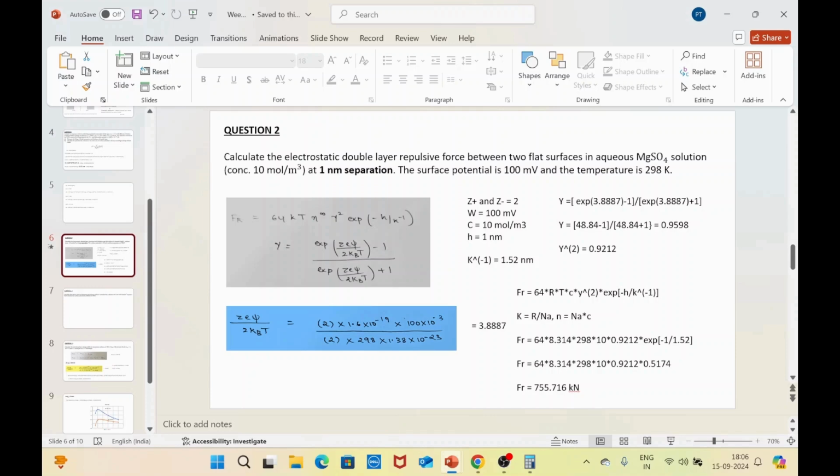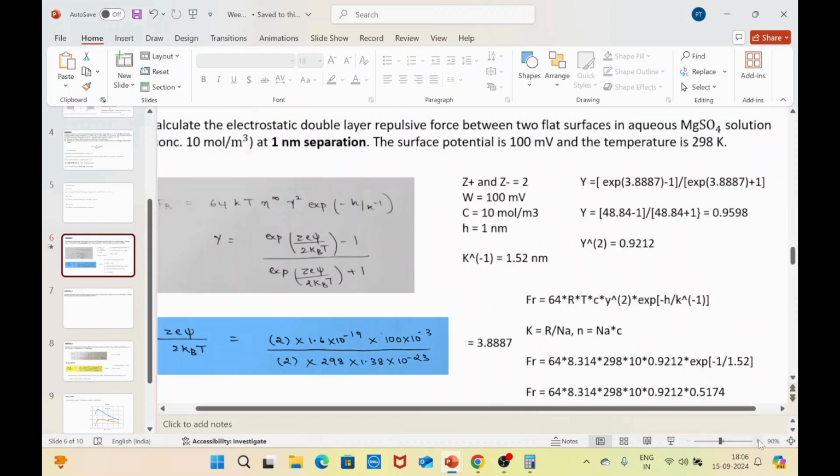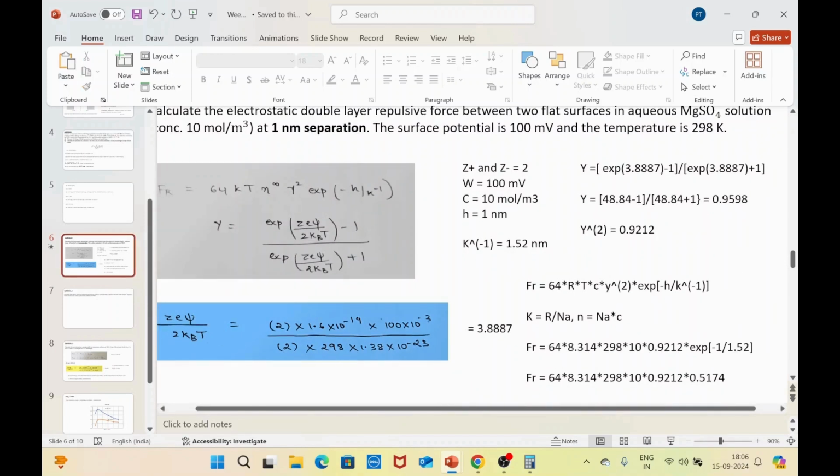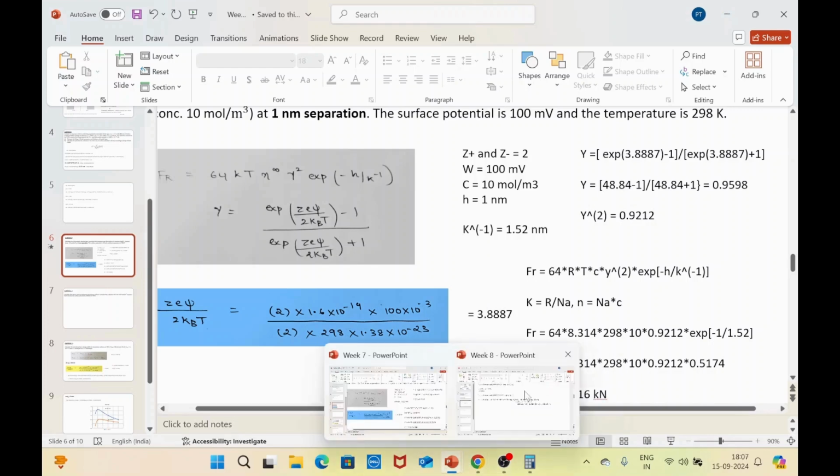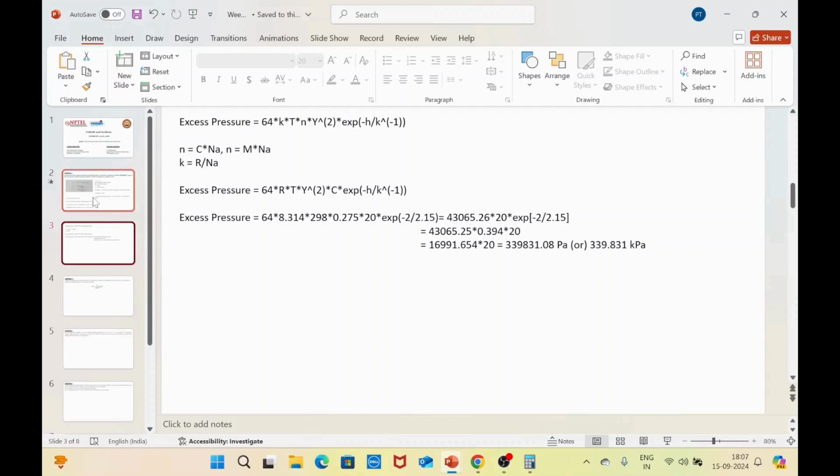Concentration was given as 10 and at 1 nanometer separation. Similarly, we calculated the value of gamma and kappa inverse, or debye length. Then we substituted in this equation and calculated the repulsive force, and it came around 755.716 kilonewtons.